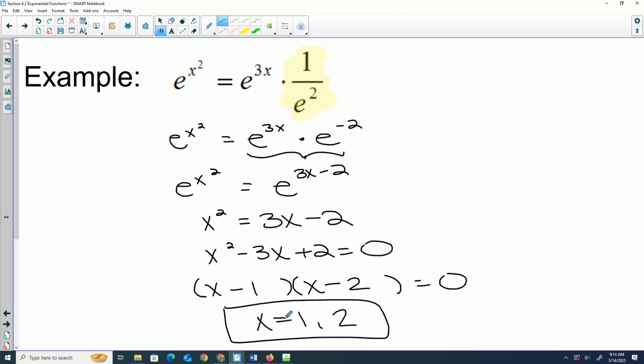So if you have things multiplied together on the side, you have to get them to the same base and combine their exponents first. Is that okay?